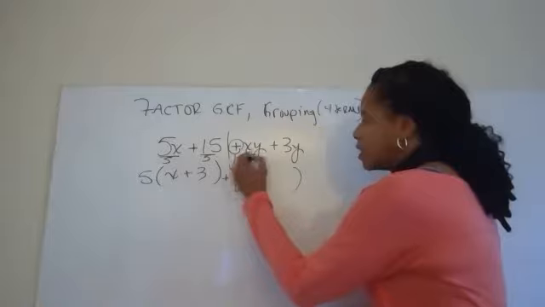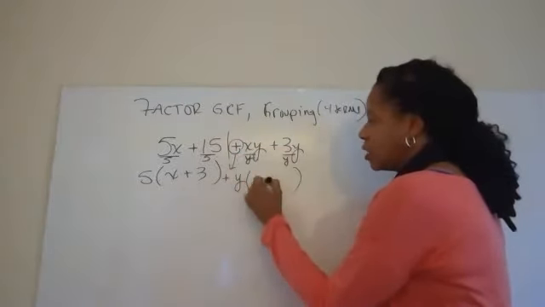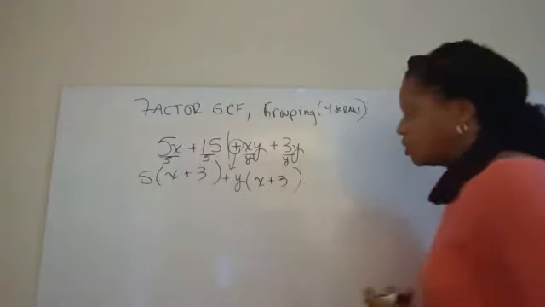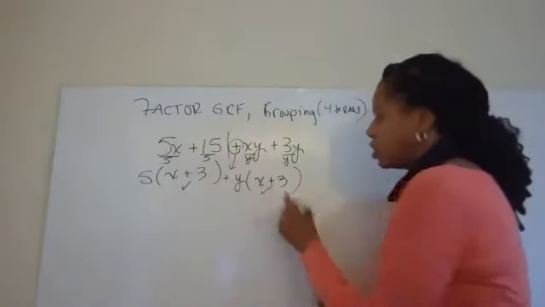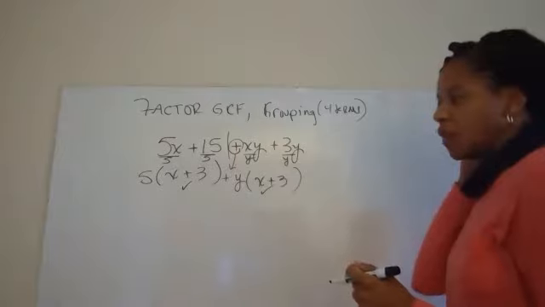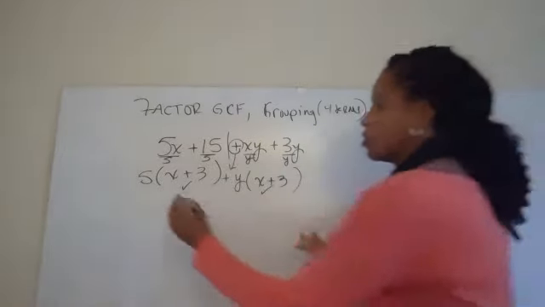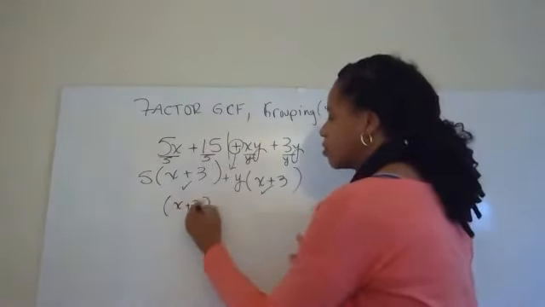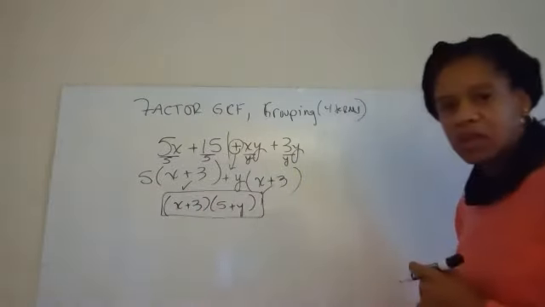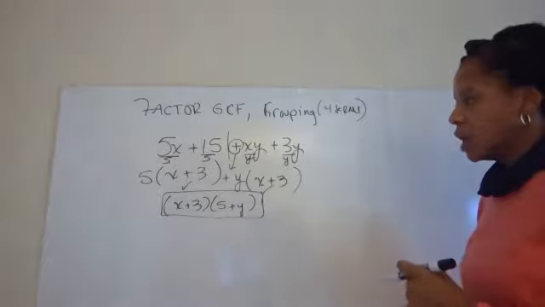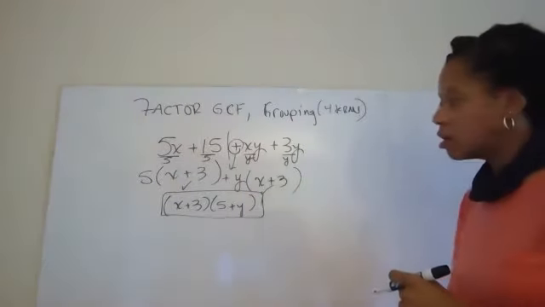So when I divide this y out, I know I should end up with x plus 3, which I do. So when you see your parentheses match, you know you did it correctly. So then you factor out that common factor. So that common factor is x plus 3 and the 5 plus y combined together in the parentheses. Okay, so factoring by grouping.